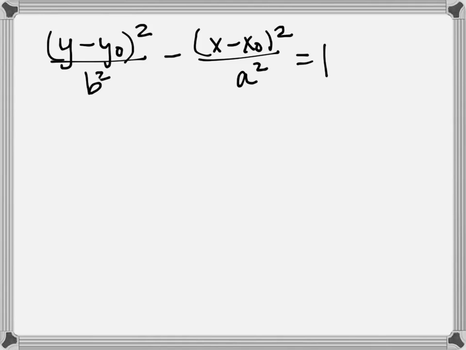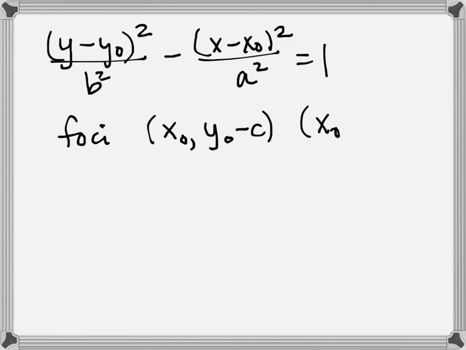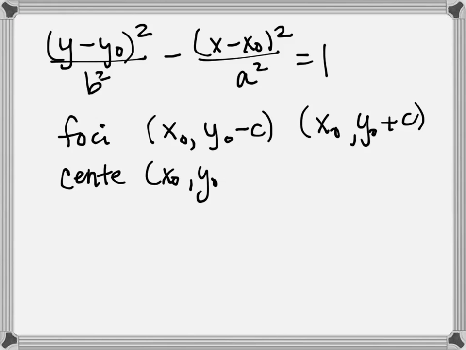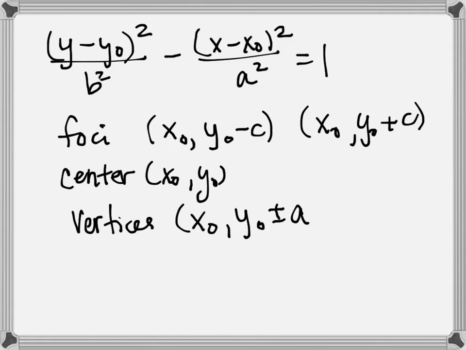The basic idea is if the equation is reversed, the ratio has y positive and the x's are negative, then you end up with foci. I'll help you fill in your blanks. The foci are at x0, y0 minus c, and x0, y0 plus c. The center is still at x0, y0. That doesn't change. The vertices are at x0, and then y0 plus or minus a.